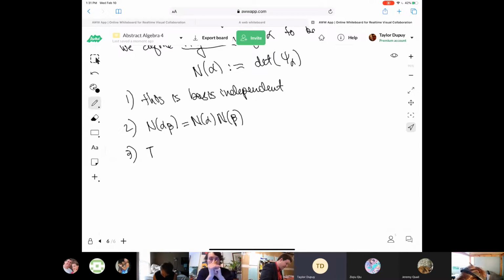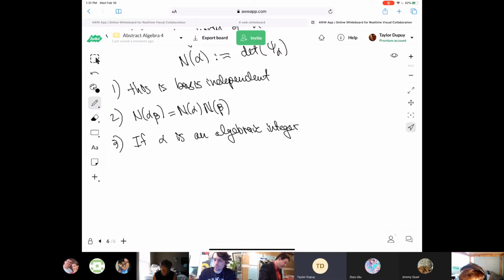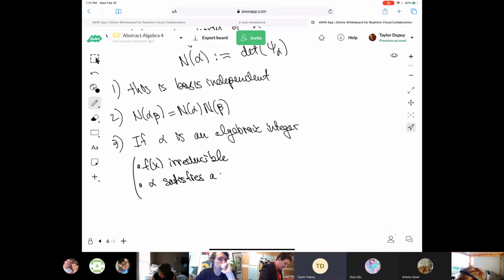If alpha is an algebraic integer, so that means, say, f(x) is irreducible and alpha satisfies a monic polynomial with integer coefficients.